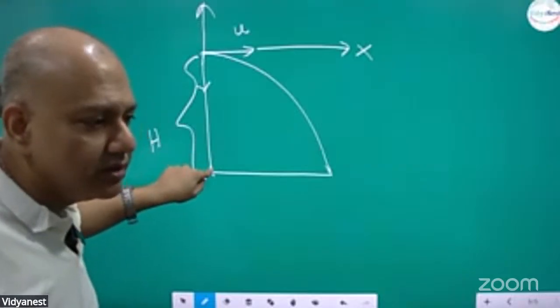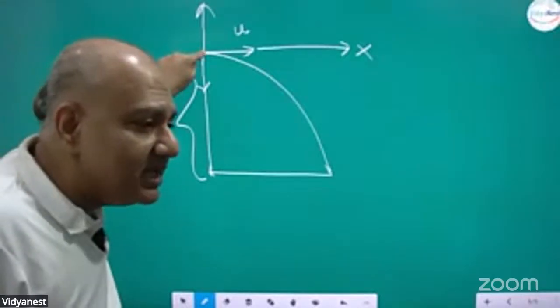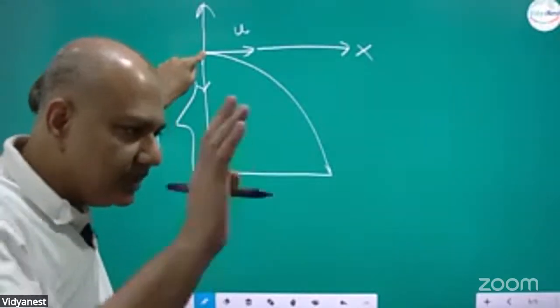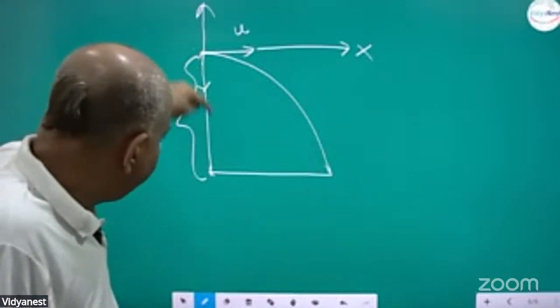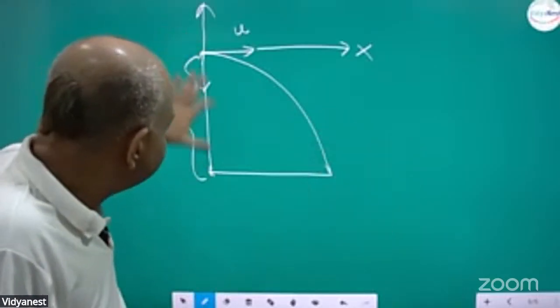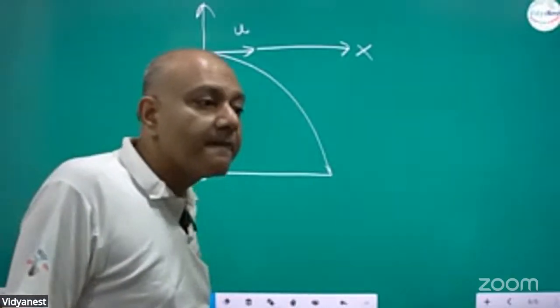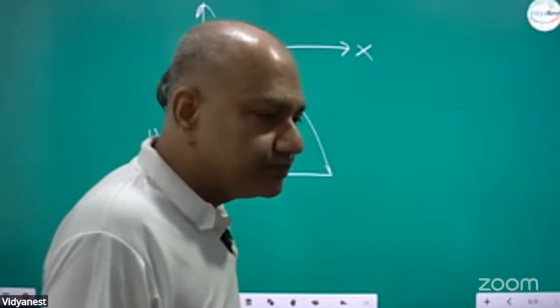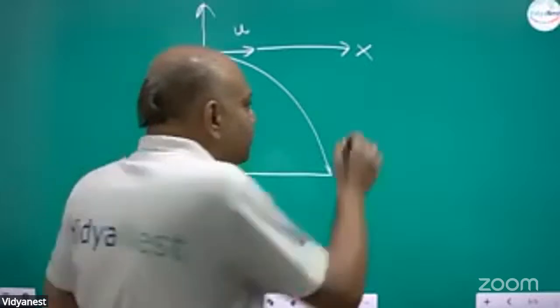H, the vertical displacement. Initial vertical velocity is 0, and when it reaches the ground, the displacement is h.